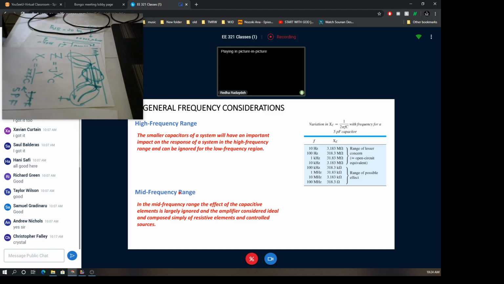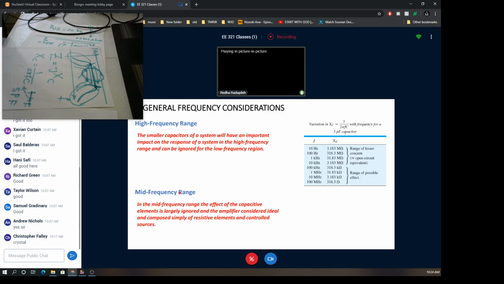That's why when we did the gain calculation of the amplifiers in chapters 5 and 8, we considered circuits that were purely resistive, right? We didn't consider the capacitive effect of these capacitors.